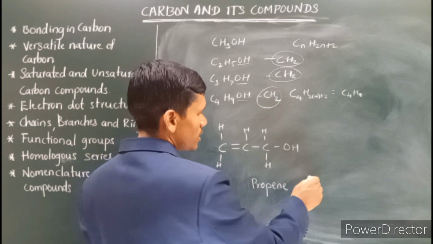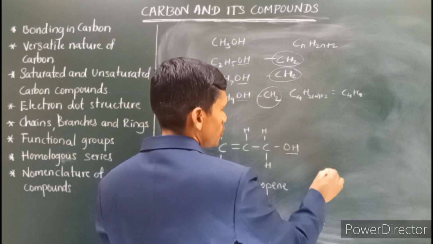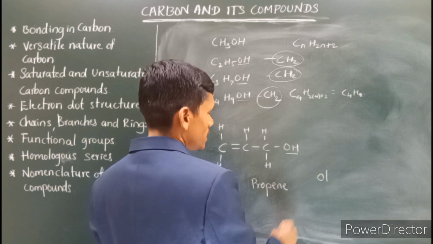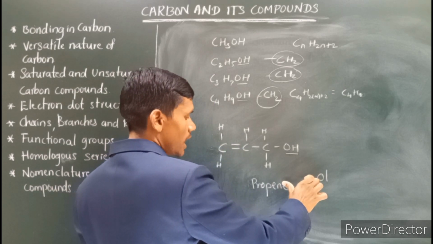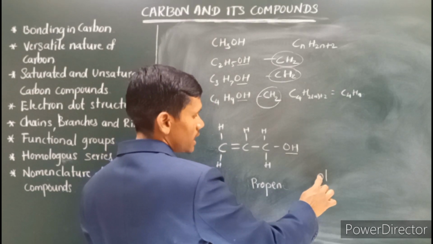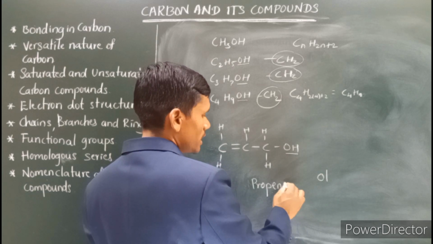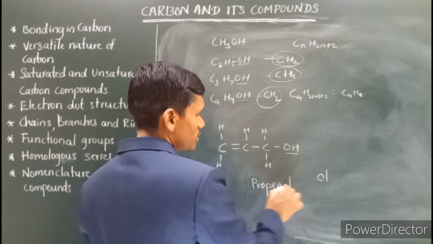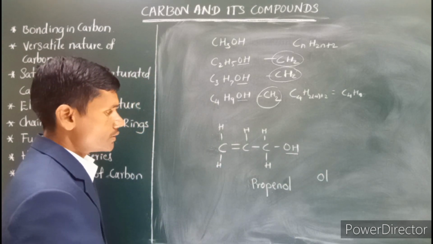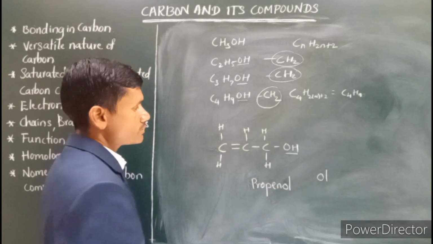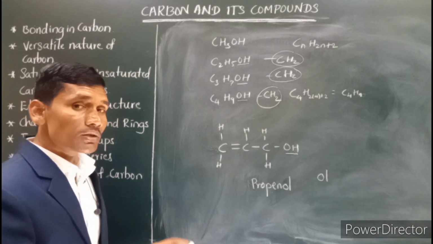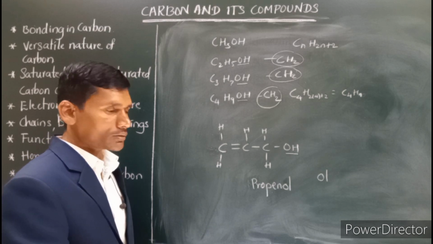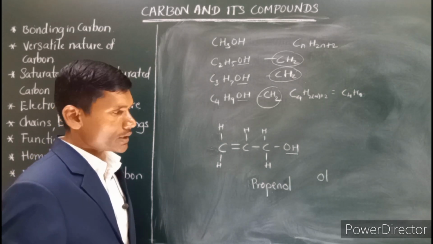The alcoholic group is ol, right? In this propene, you have to replace the last e, because the suffix starts with o, so in this place you write ol. This becomes propanol. The name of this compound is propanol. So far we are familiar with propanol.